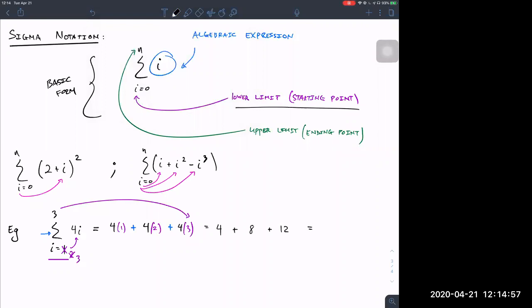So this summation, now that it has a systematic growth, in this case 1 at a time, 1, 2, 3, as well as an expression to follow, in this case 4i. This answer is, what is this? 8, 12 is 20, 24, right?